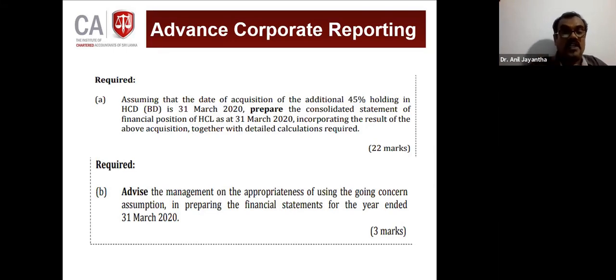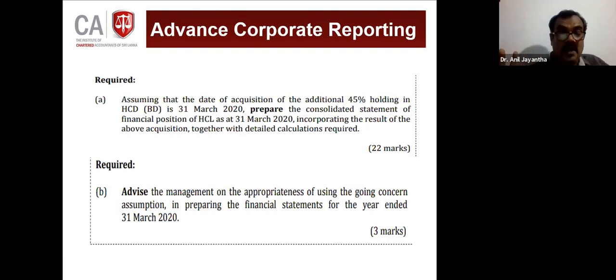Consolidated statement of financial position as at this date, incorporating the result of the above acquisition together with the detailed calculation required. Right? So, 2 things are there. Preparation of the consolidated statement of financial position. Therefore, either by hook or crook, if you provide it, okay, this is the consolidated financial statement, you are through.